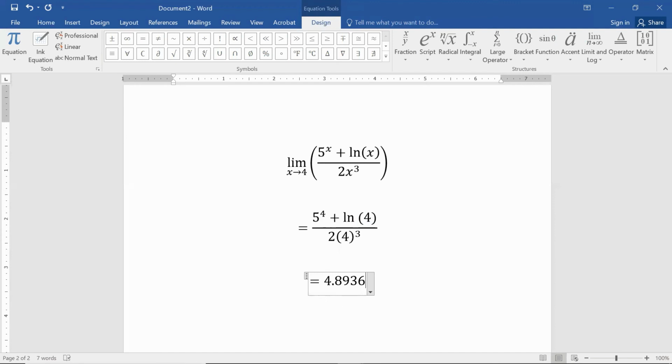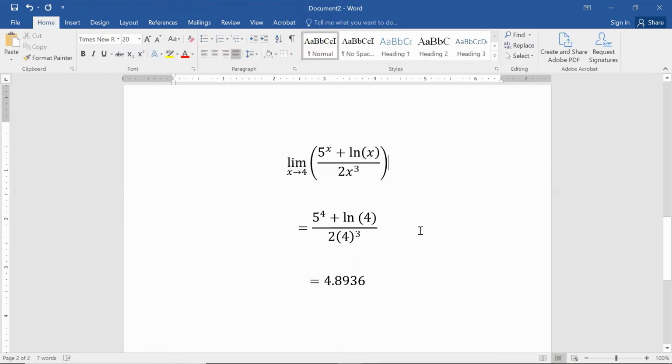You could have rounded it to 2 on this example. This question didn't say whether or not to round it to 4 or 2 or 3 places. But the key concept is, because 4 is in the domain of all of these pieces and 4 doesn't give us 0 in a denominator, then we can simply plug in the value.